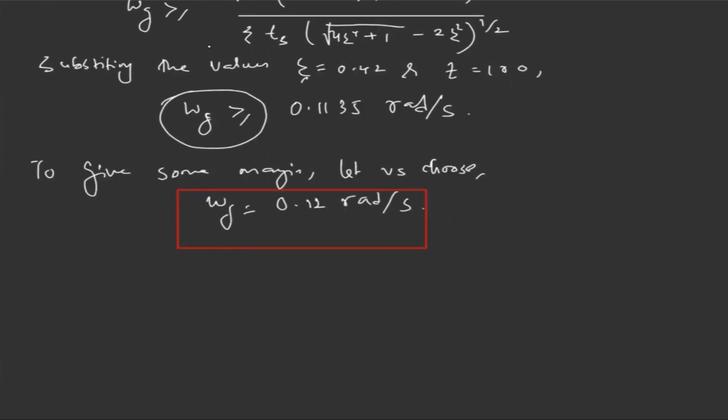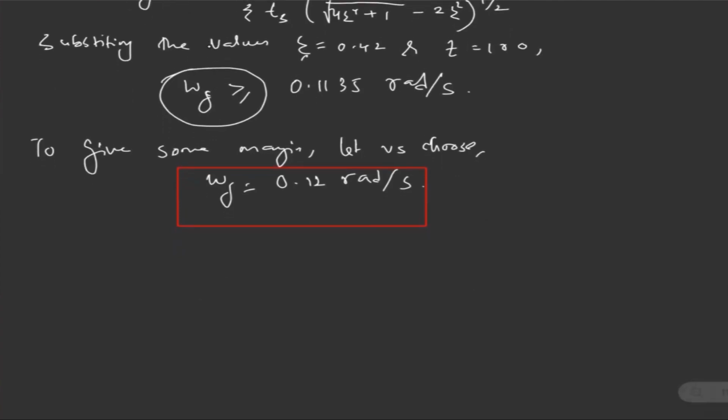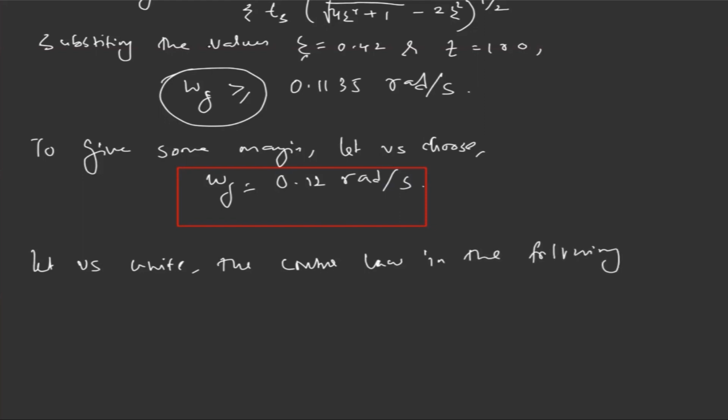Now we'll move on to how to design the PID controller. Let us write the controller in the following form, where Gc is equal to K Gpd(s) and Gpi(s).